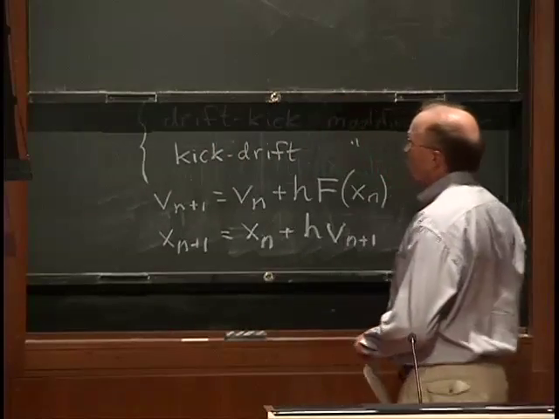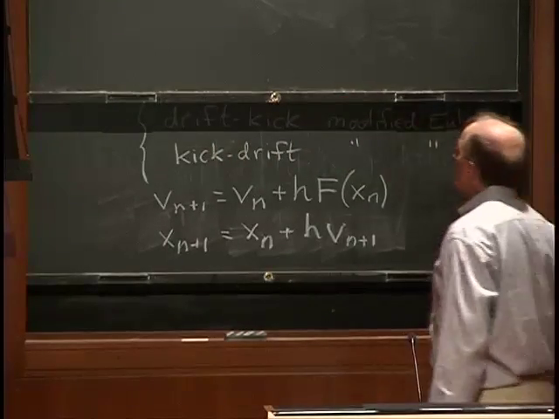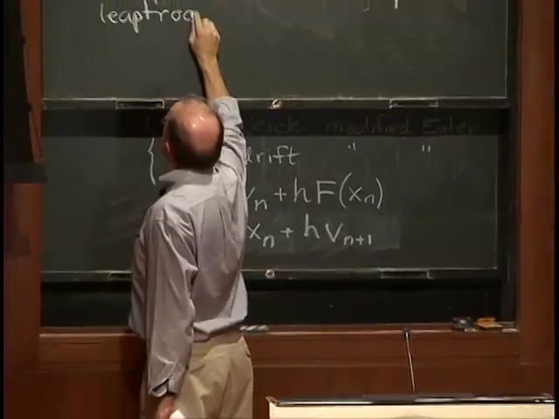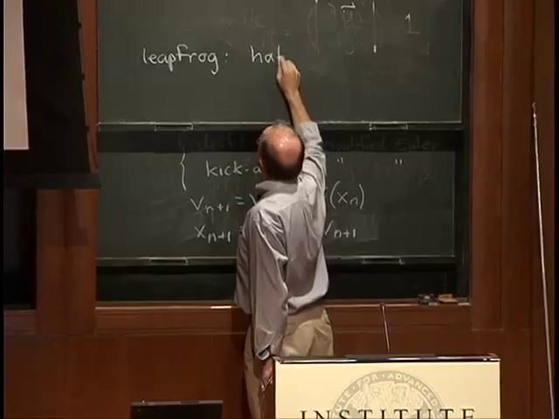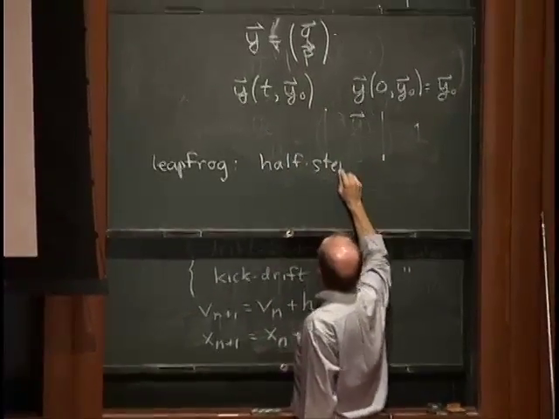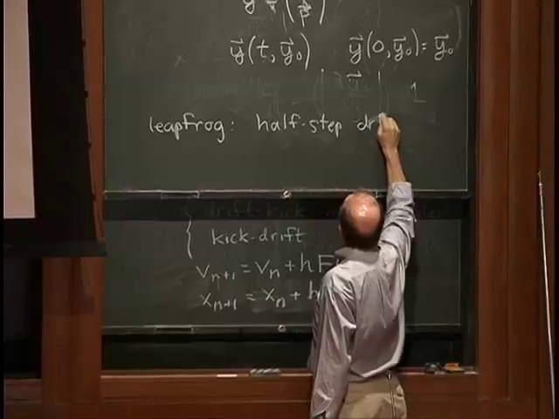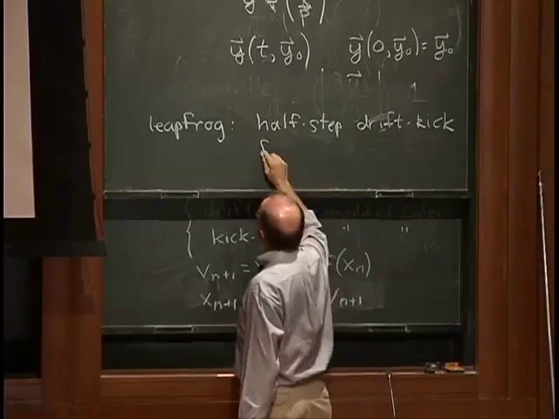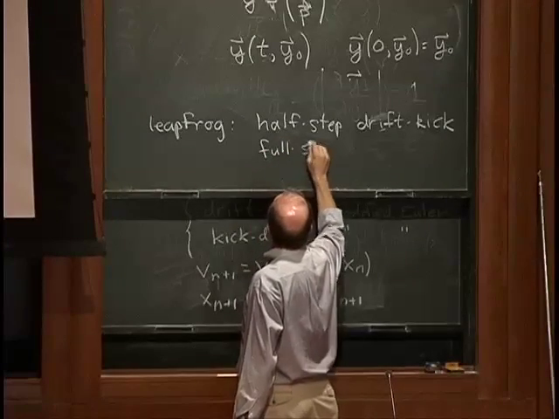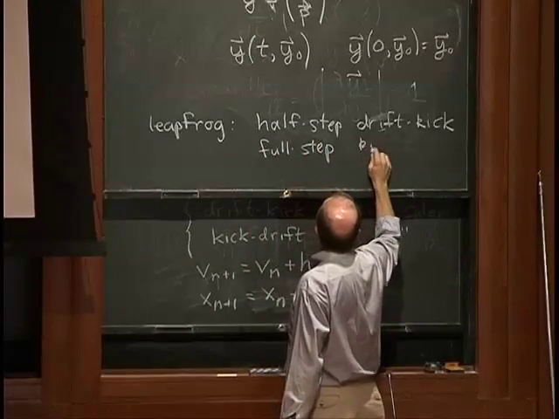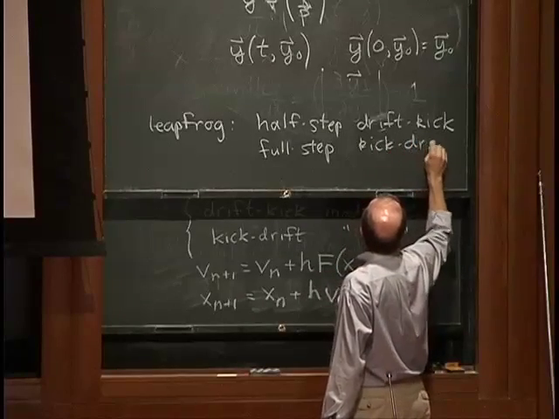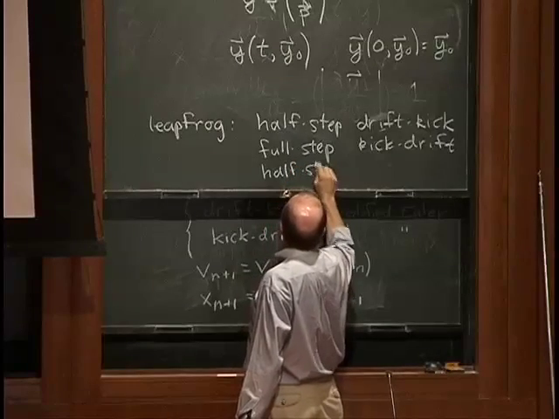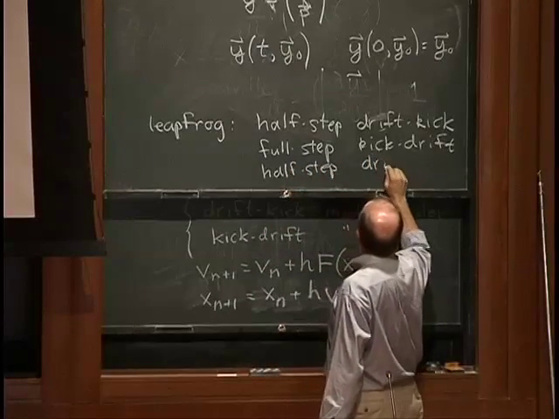It's easy to see what's going on with Leapfrog because Leapfrog is just a half step of drift kick, a full step of kick drift, and another half step of drift kick.